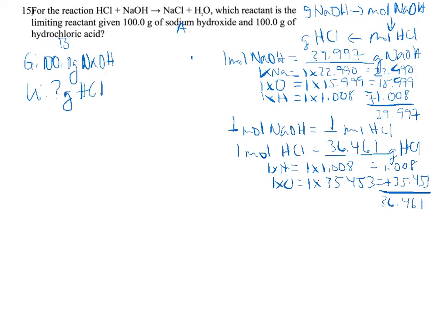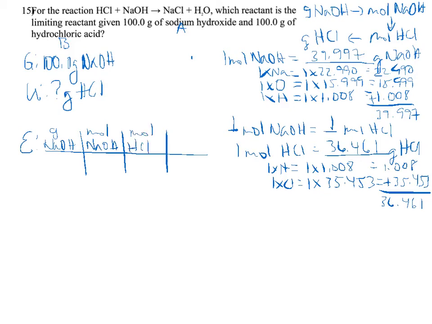Okay, so at this point you're ready to do your equation. This is a 3-step. We're starting with grams of sodium hydroxide, we're trying to get into moles of sodium hydroxide, and then into moles of hydrochloric acid, and then the last step is to get into grams of hydrochloric acid.